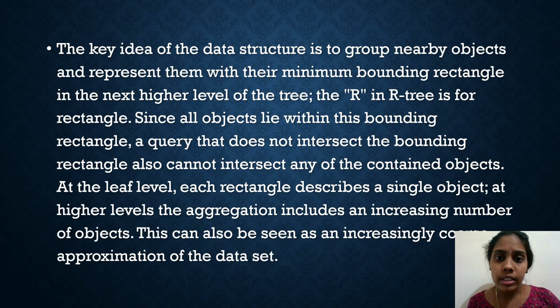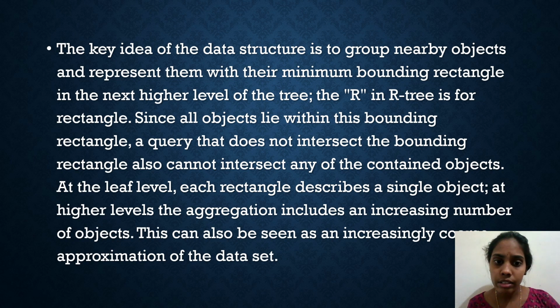The key idea of the data structure is to group nearby objects and represent them with their minimum bounding rectangle in the next higher level of the tree. The R in R tree is for rectangle. Since all objects lie within these bounding rectangles, a query that does not intersect the bounding rectangle also cannot intersect any of the contained objects.